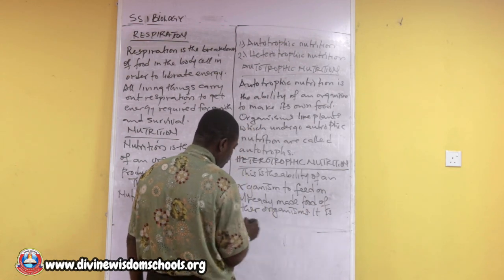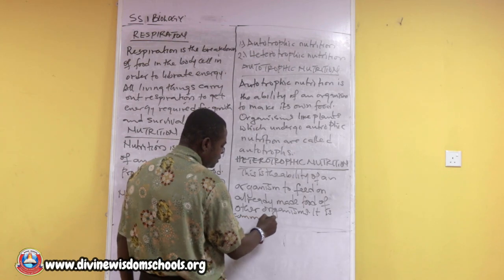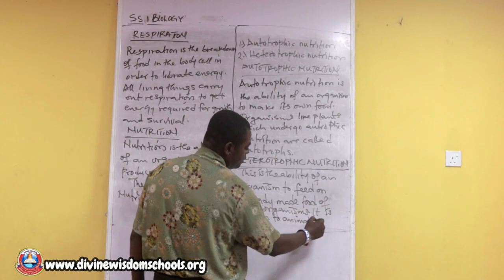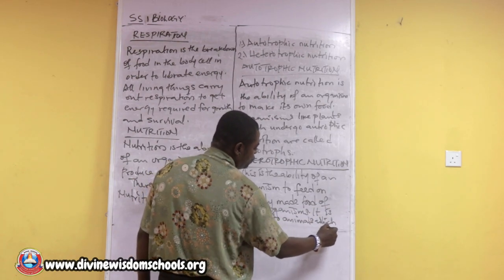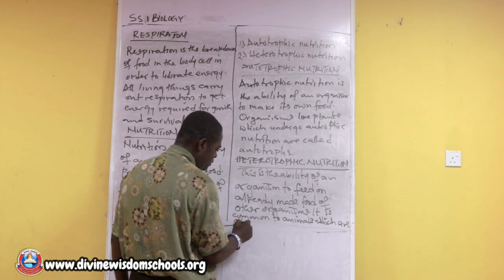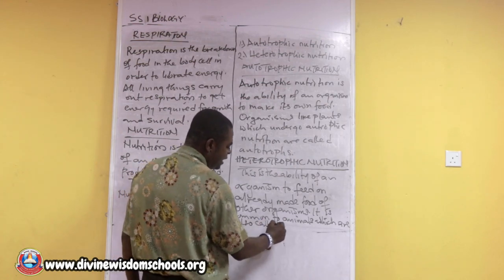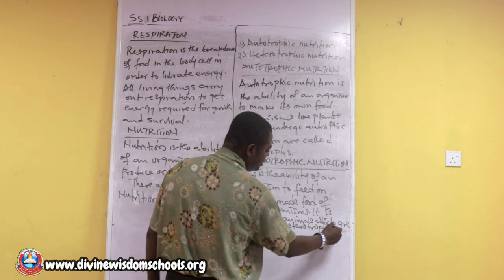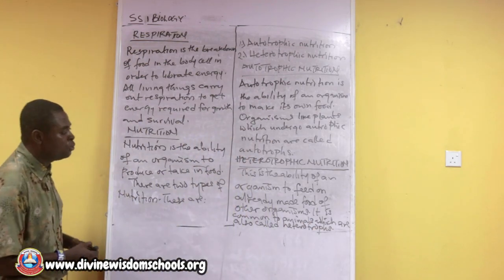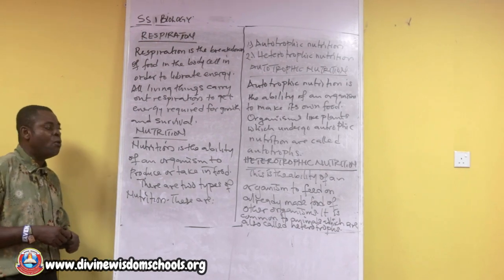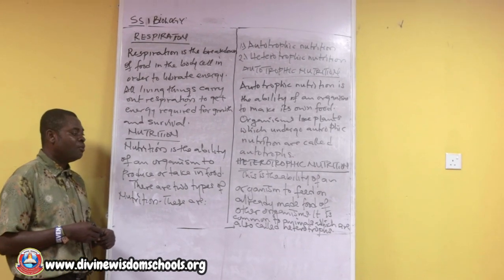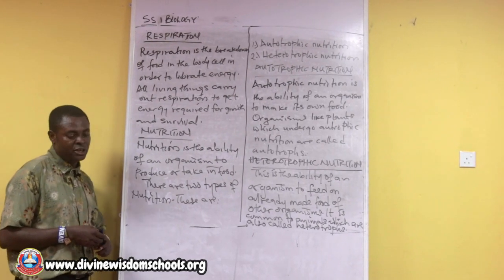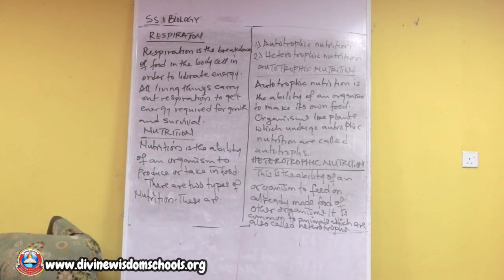It is common to animals, which are also called heterotrophs. So any organism that undergoes heterotrophic nutrition is a heterotroph. We cannot make our own food. Animals cannot make their own food, but they depend on plants and other animals to feed. That type of nutrition is heterotrophic nutrition.